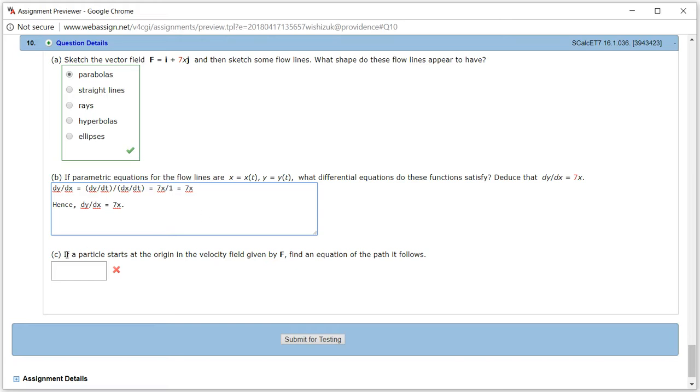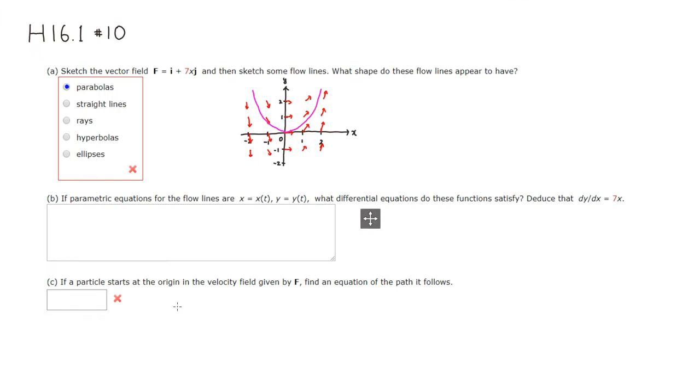Let's look at part C. We're going to have to solve that differential equation. You have dy over dx equal to 7x. All you have to do is find the antiderivative. With respect to x, the antiderivative of dy over dx is just y.